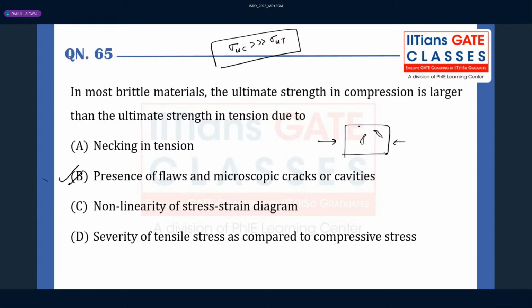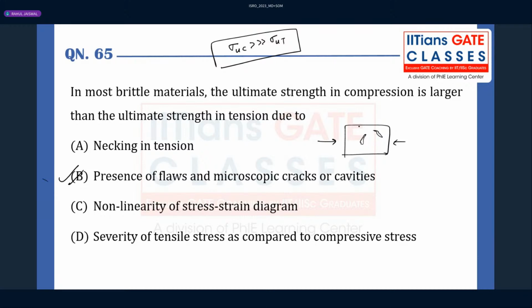But this is not the case with ductile materials. In ductile materials, there will be local yielding. Because of the local yielding, plastic deformation will happen and they will try to adjust the plastic failures. So for a brittle material, I'm not talking about ductile materials, there is a separate talk on that.